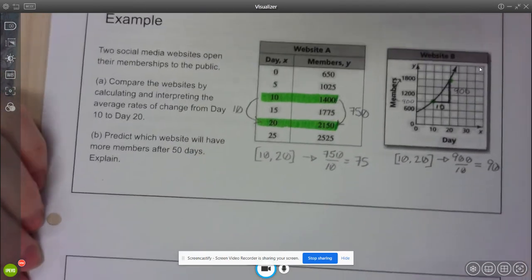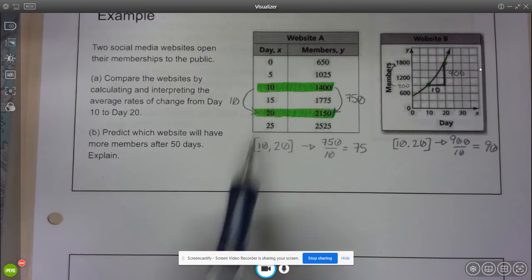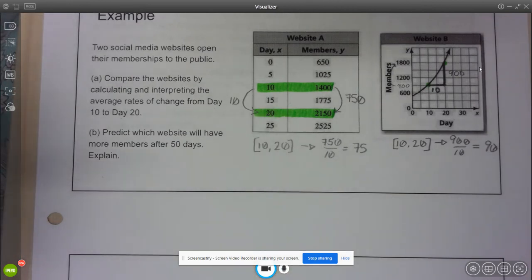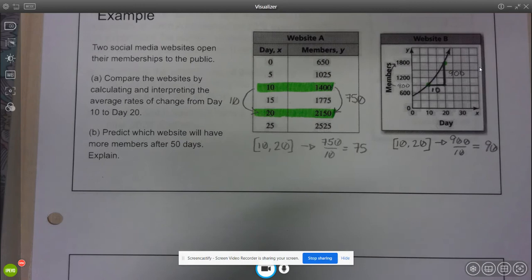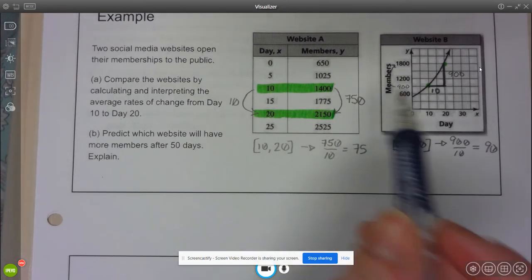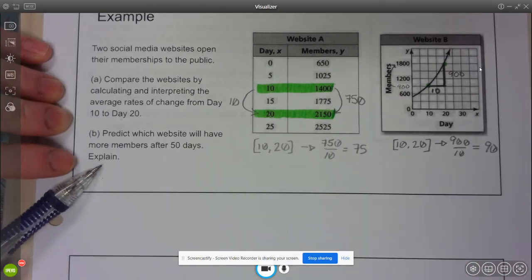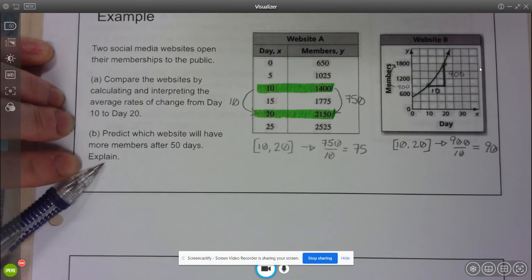So by using that average rate of change between that jump from 10 to 20, what they'd like for us to do is predict who's going to have more after 50 days.